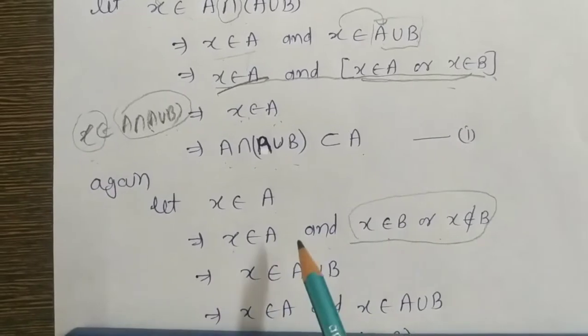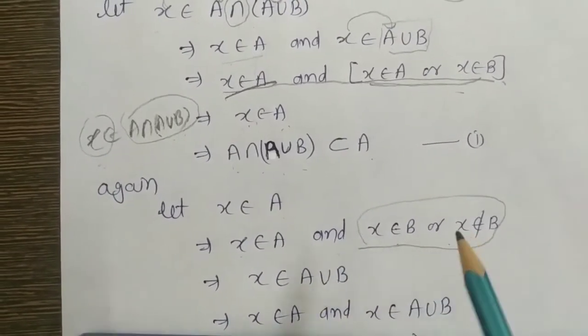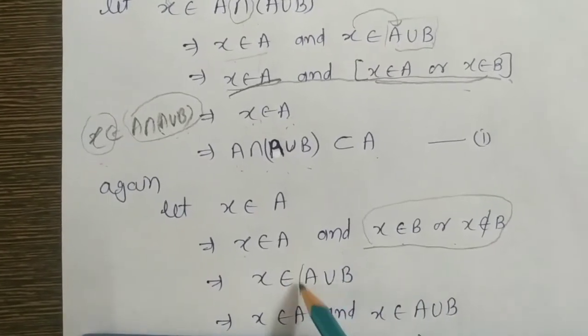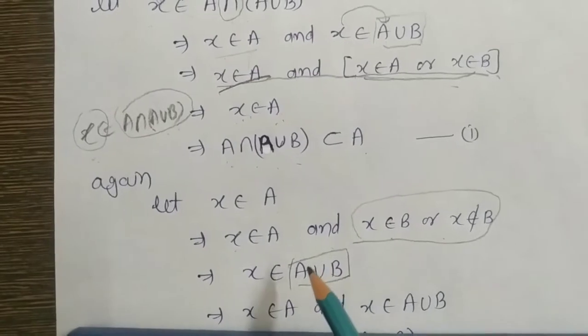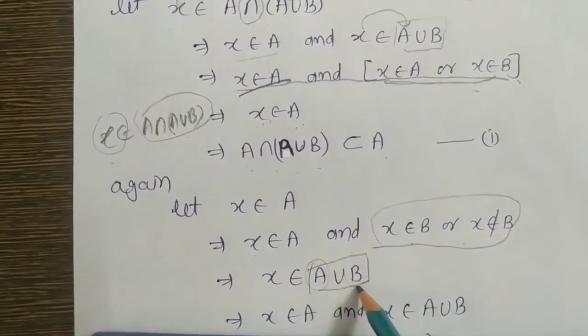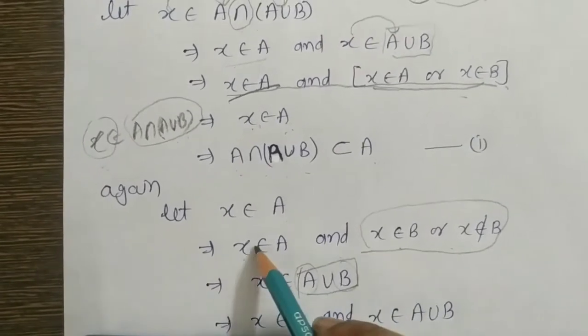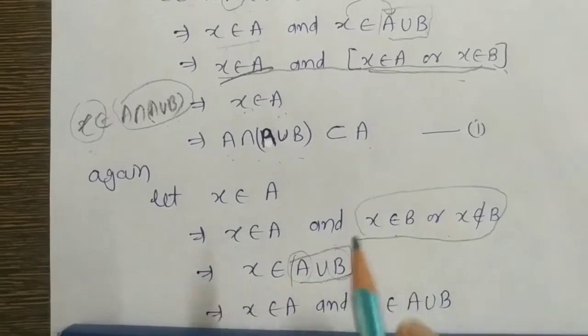But either X belongs to B or not, since X belongs to A, it will be in the union also. Because in the union, we take any element which may belong to A or may belong to B, and here X belongs to A.